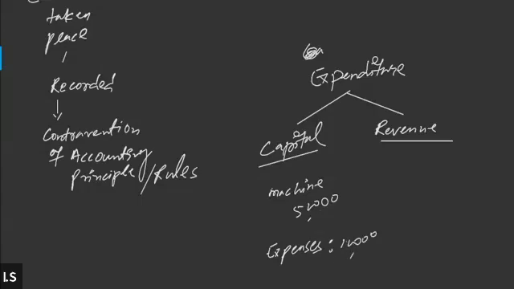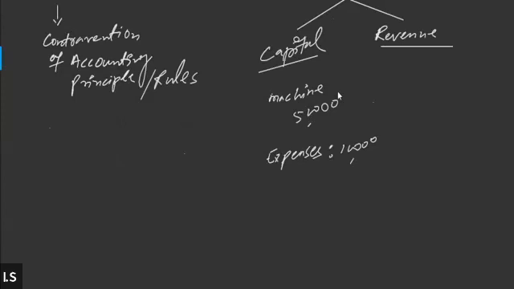As I have already told you while discussing the final account, the purchase price, the cost price of the machine will be the capital expenditure, since it is related to the fixed asset. And similarly, any expenses incurred for bringing the asset to the factory and getting it ready for use in the business, all such expenses will also be considered as part of the machine. It will be considered as the cost of the machine. But what you have done, you have recorded this 50,000 into the machine account.